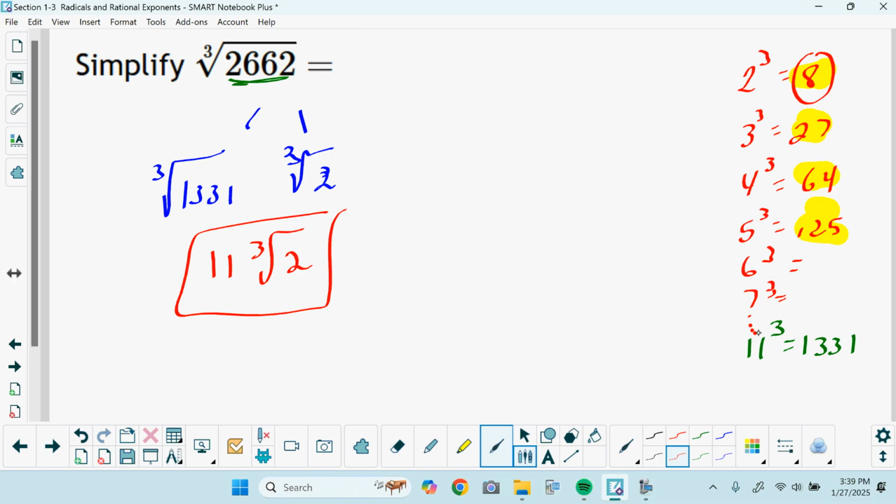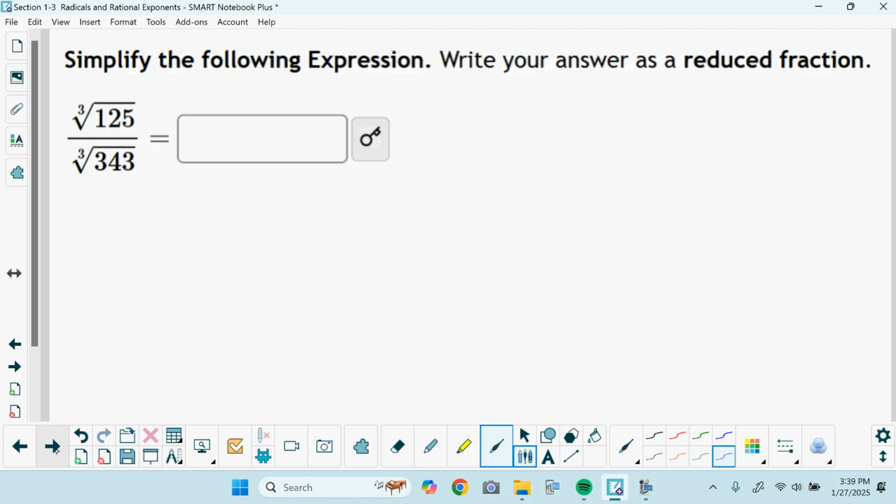That's 343. So let's look at this one. Simplify the following expression, write as a reduced fraction. Well, what you should identify is I need to look at my perfect cubes list, and you should see that this one and that one are perfect cubes.